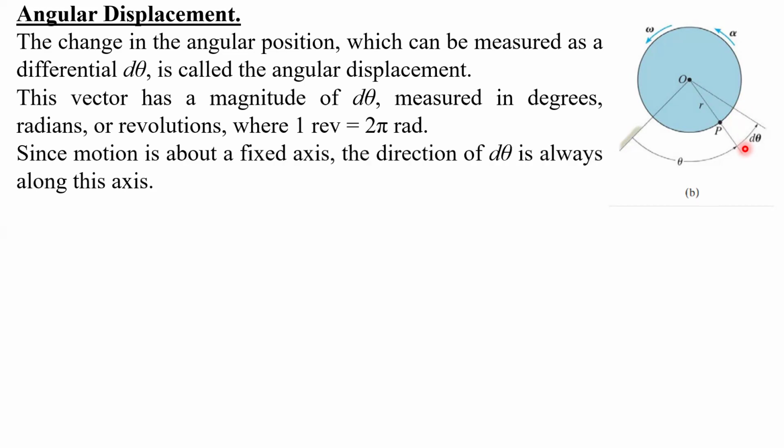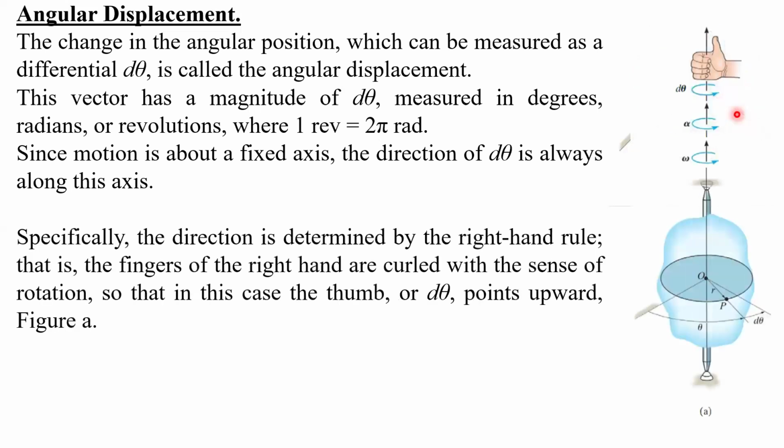Since motion is about a fixed axis, this motion here about this fixed axis O, the direction of dθ is always along this axis. Specifically, the direction is determined by the right-hand rule.